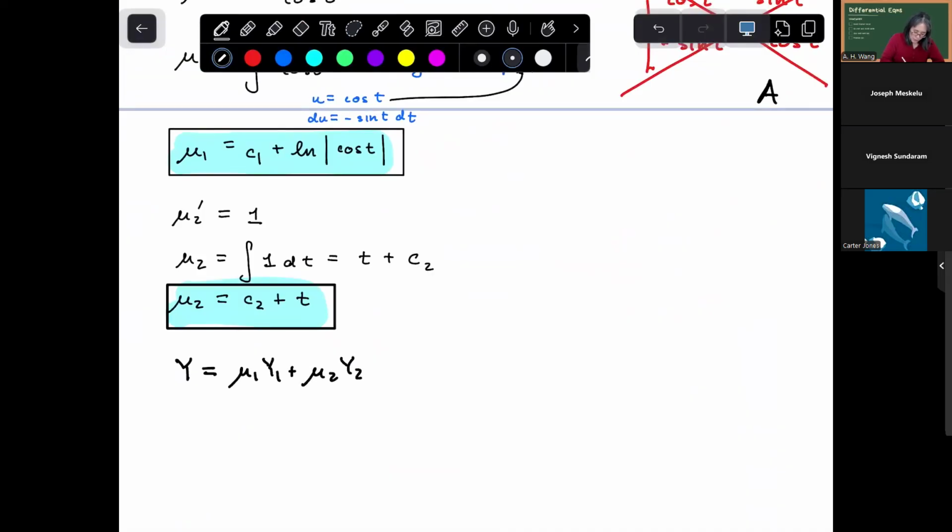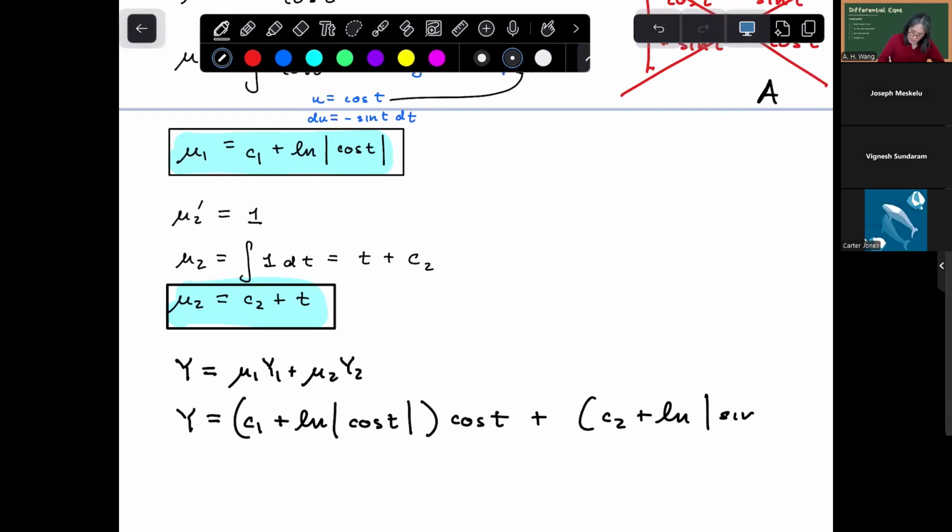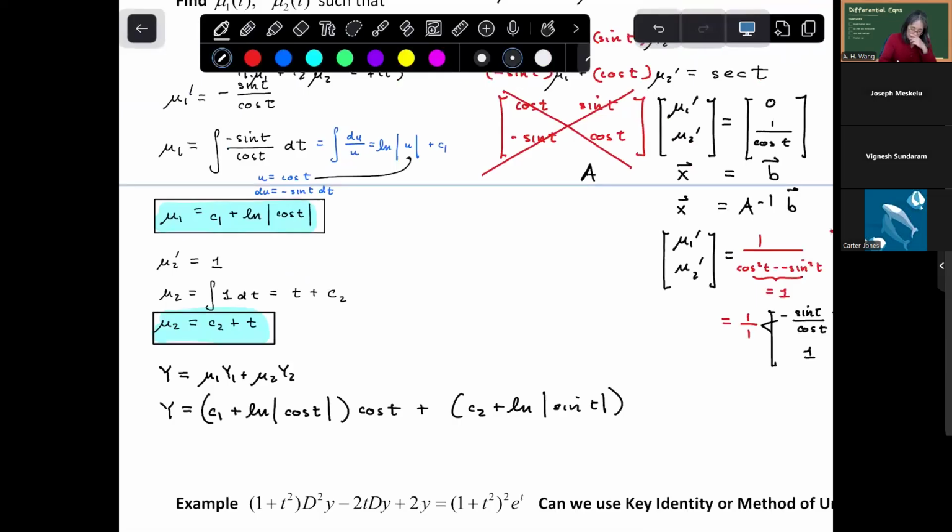So y equals, the mu1 was c1 ln absolute cosine t, that's the mu1, times cosine t, plus c2 plus t, I'm sorry, this was a t, times sine t.